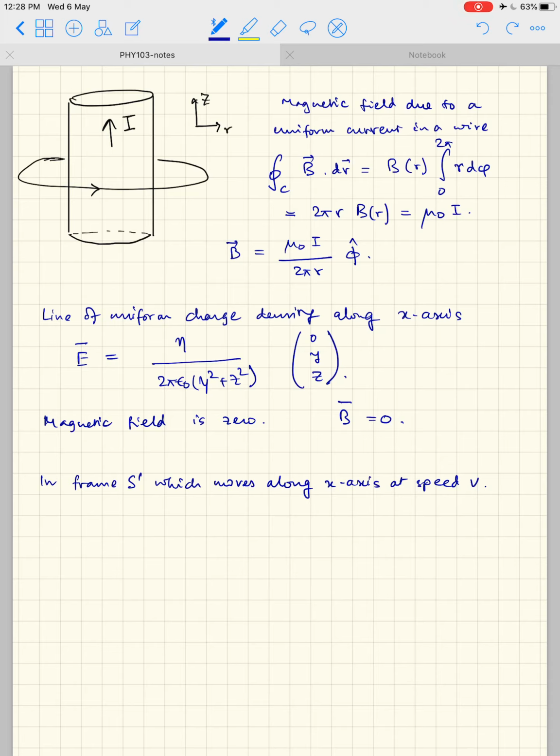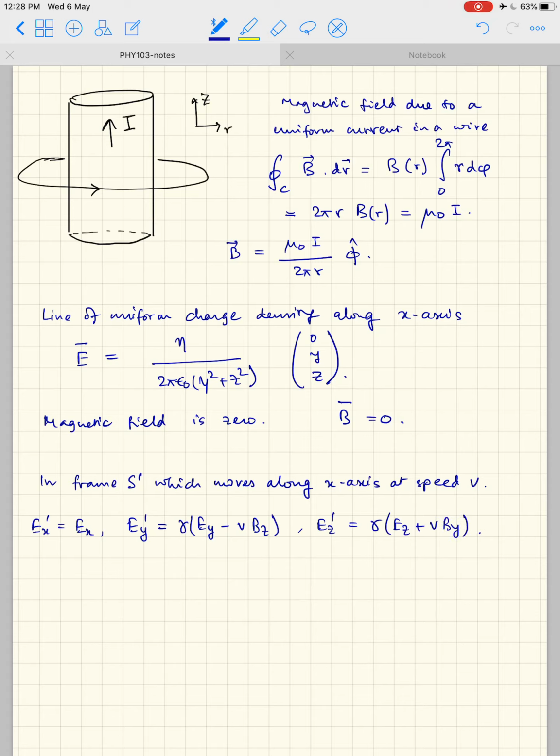We saw that Ex prime was equal to Ex, Ey primed is equal to gamma Ey minus V Bz, Ez primed is equal to gamma Ez plus V By.